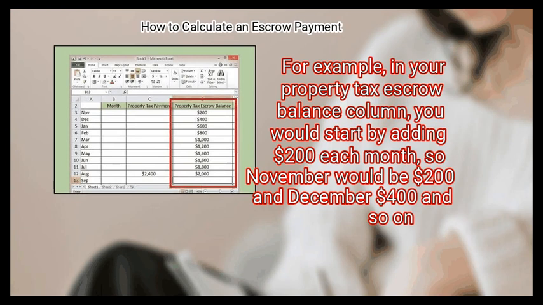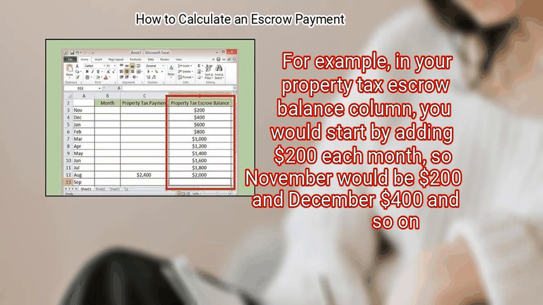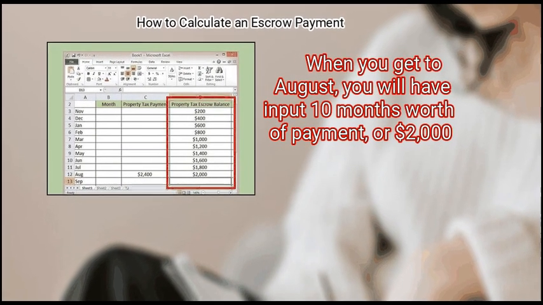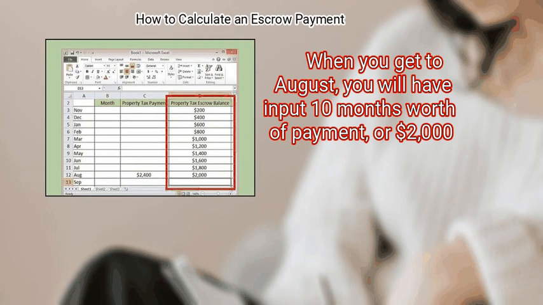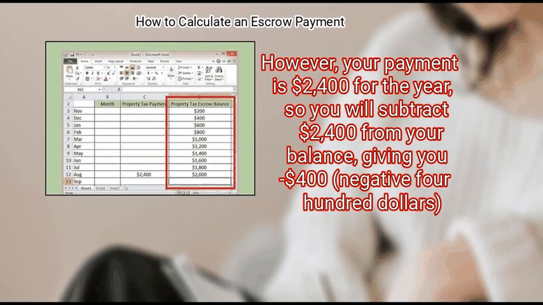For example, in your property tax escrow balance column, you would start by adding $200 each month. So November would be $200 and December $400 and so on. When you get to August, you will have input 10 months worth of payment, or $2,000. However, your payment is $2,400 for the year.